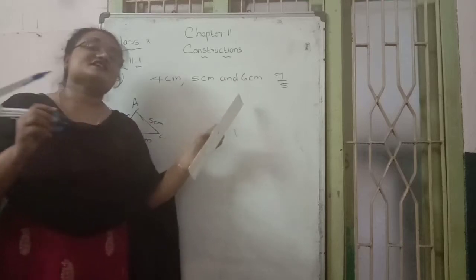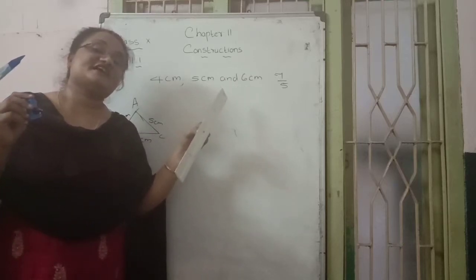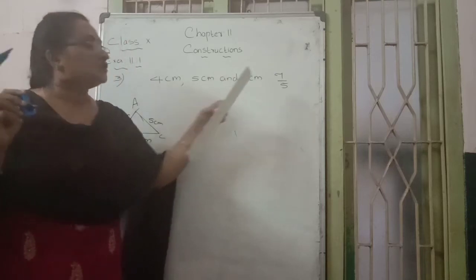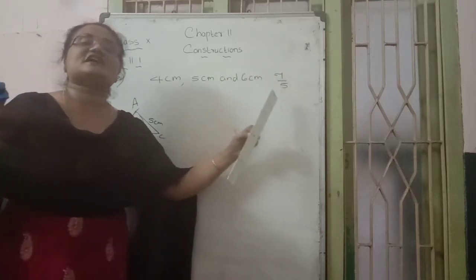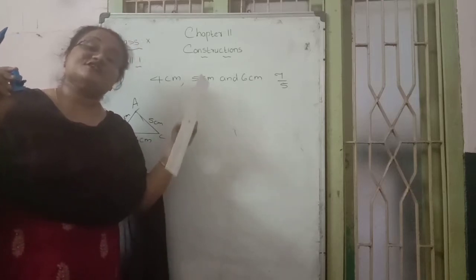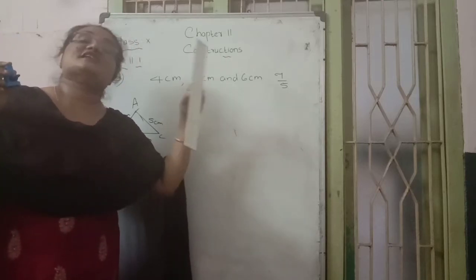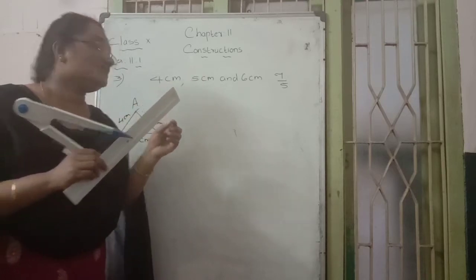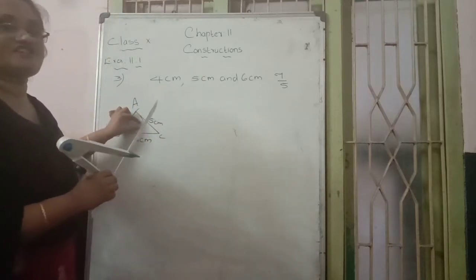Here, one thing: the scale factor given for the similar triangle is 7 by 5. The numerator is greater than the denominator. In the last class we learned the case where the numerator is less than the denominator; in that case our similar triangle comes inside the original triangle.